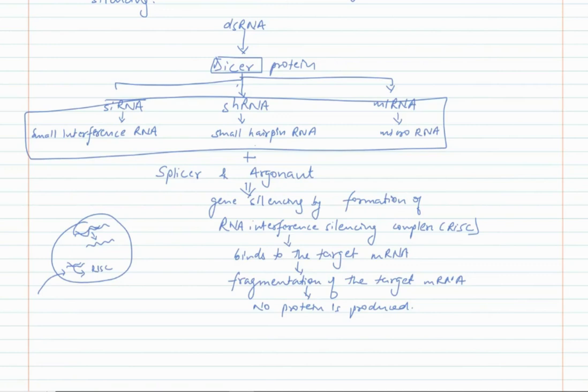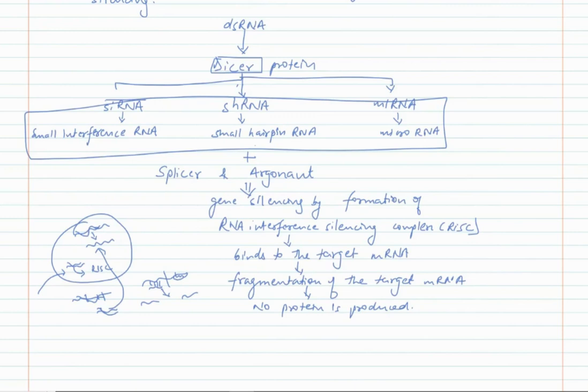This complex will convert the double-stranded RNA into small fragments. These small fragments are complementary to this target mRNA, so they will bind to this target mRNA and lead to its fragmentation, and this is how this particular gene will be silenced.